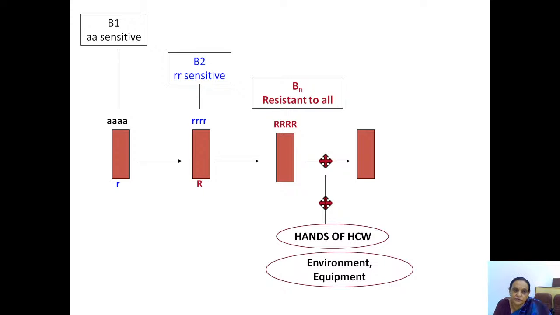I'll just try to explain this with this diagram. Supposing there is one patient who is infected with a sensitive strain, sensitive to all available antibiotics. You give such an antibiotic, the patient gets cured of this particular bacteria, and what happens is some resistant mutants get selected.